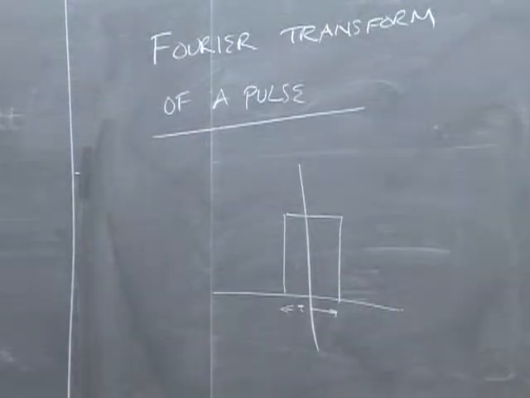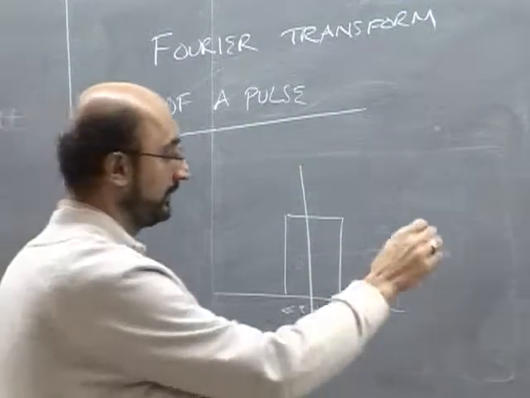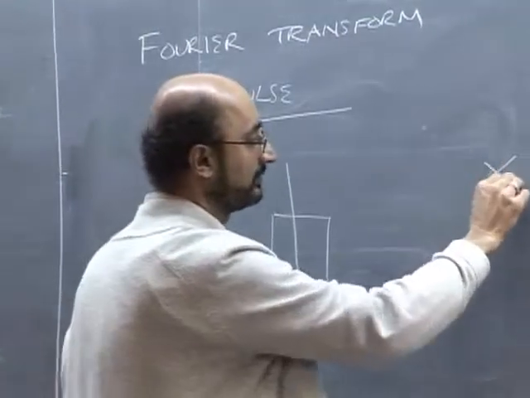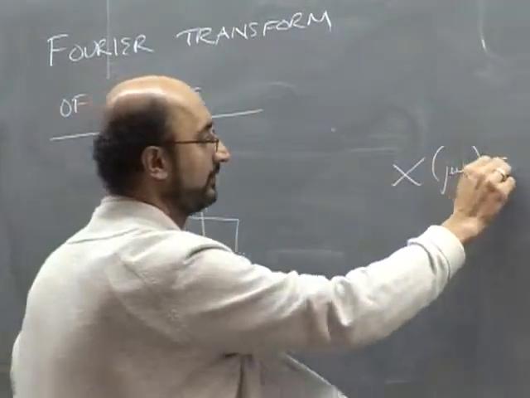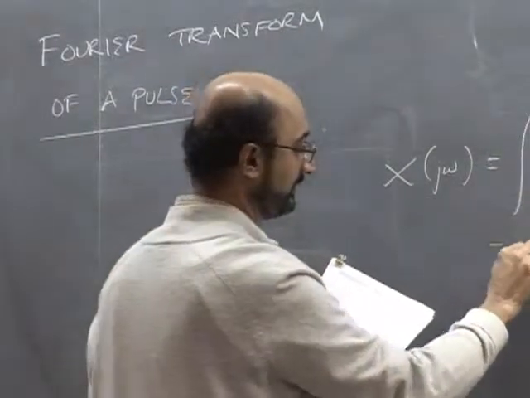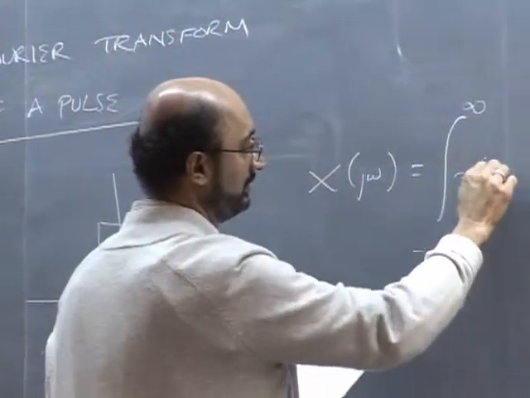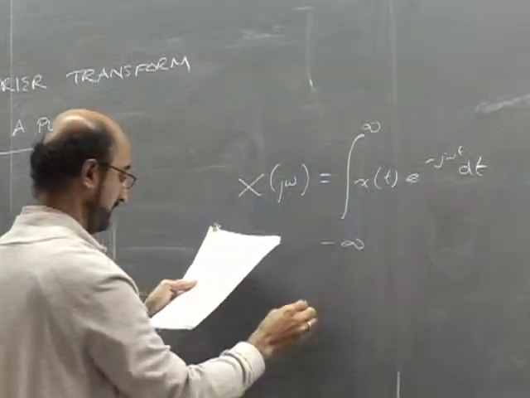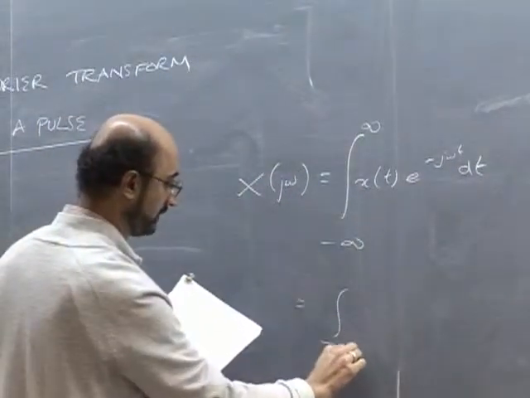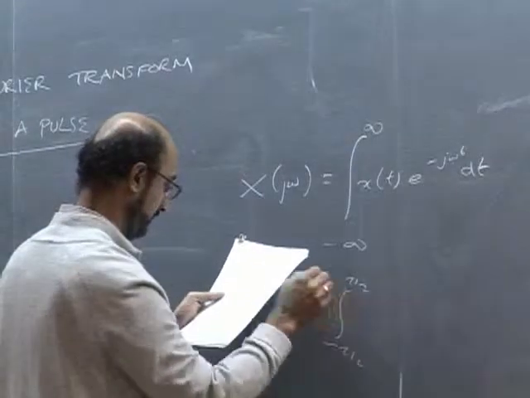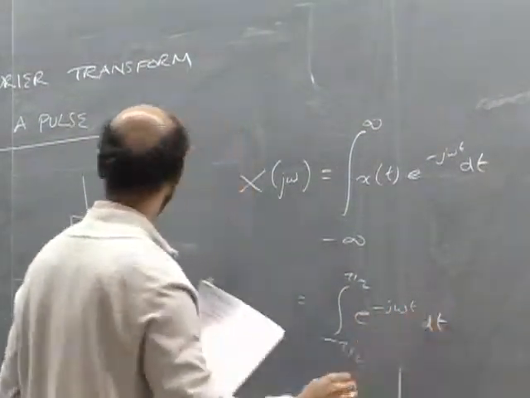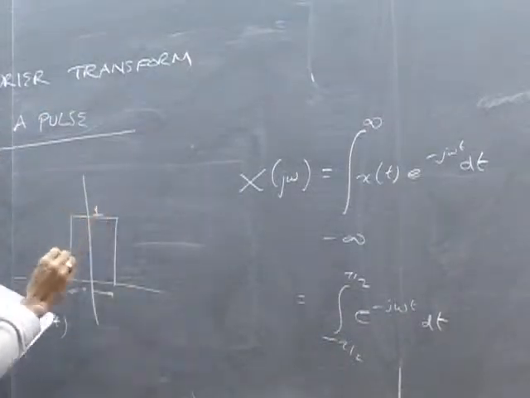That's x(t). What is X(jω)? By definition, X(jω) is the integral from minus infinity to infinity of x(t) e to the minus jωt dt. This is going to be the integral from minus tau over 2 to tau over 2 of e to the minus jωt dt, because it's 1 over here.